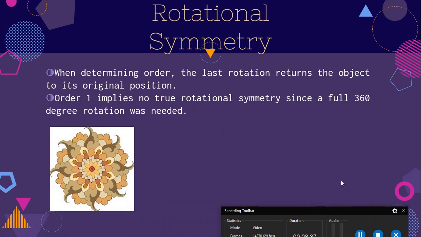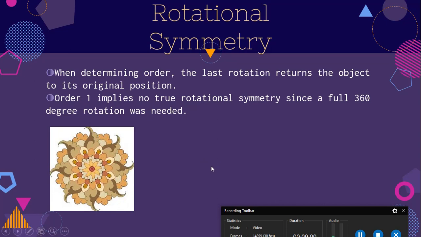In this figure, it looks a little bit strange, but it does have symmetry. Each of these curved points represents a vertex on your figure. When you count them, you're going to see that there are 8 of those points. That tells me it would take 8 turns to get this position all the way back to its home location.